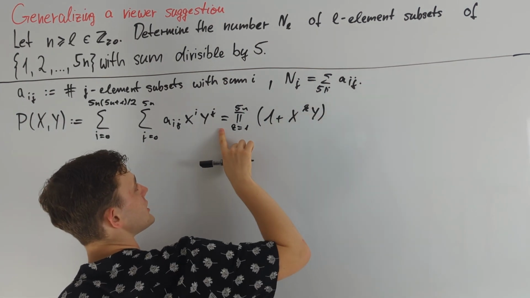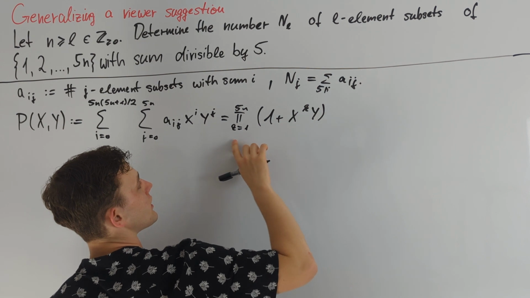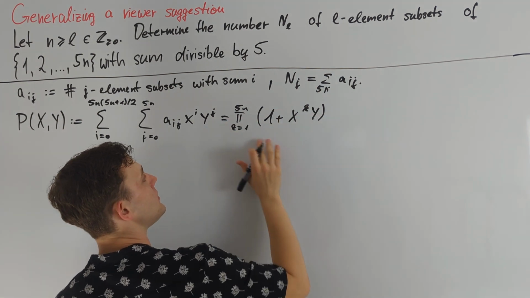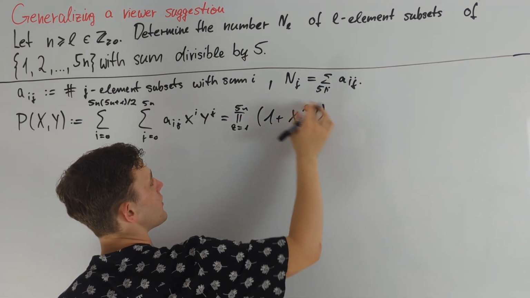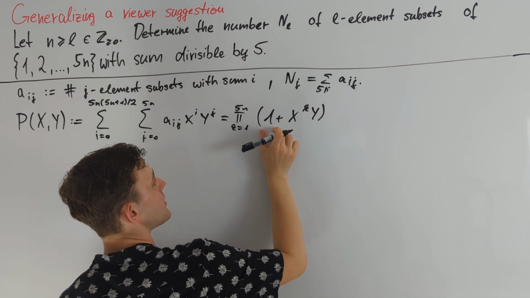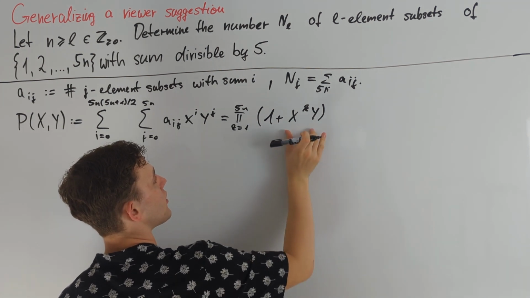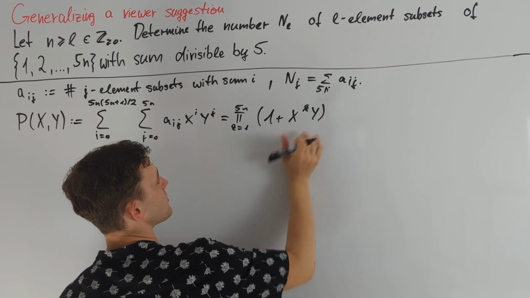To see why this equality is true, we interpret this product. Namely, we can go through each of those terms, and every time we can choose either the 1 or x to the power of k times y.